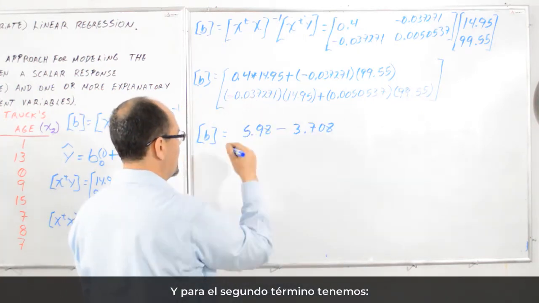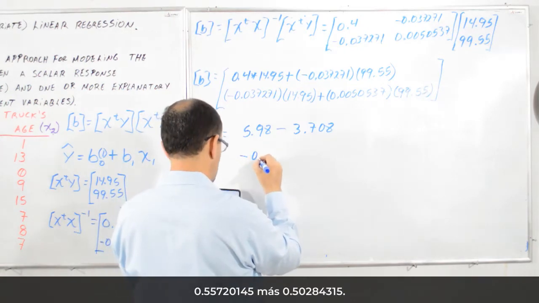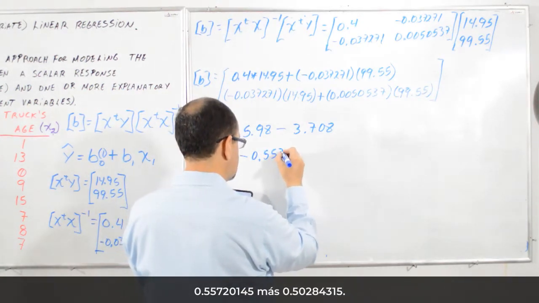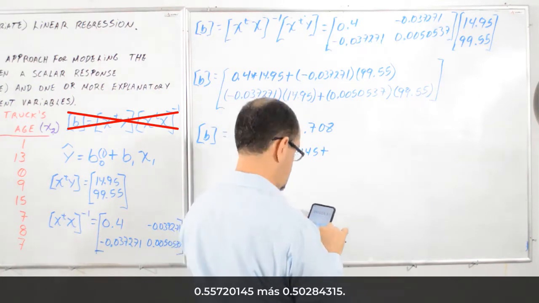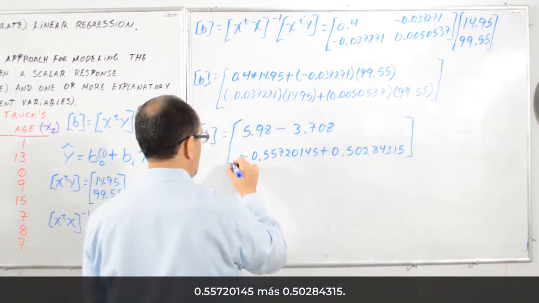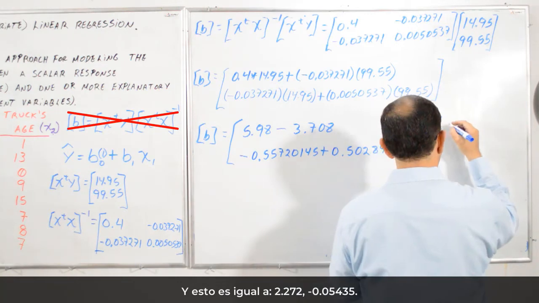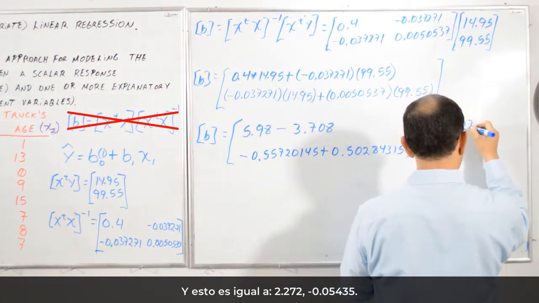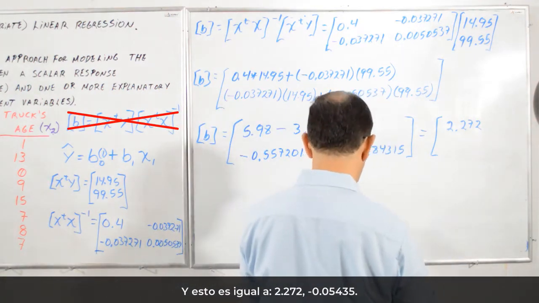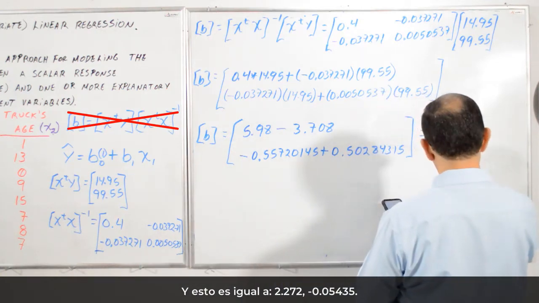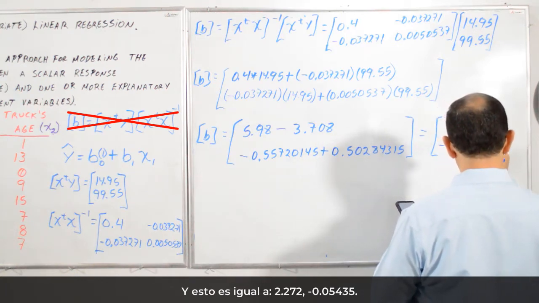And the second one is negative 0.5572 plus, which is equal to minus 0.05435.